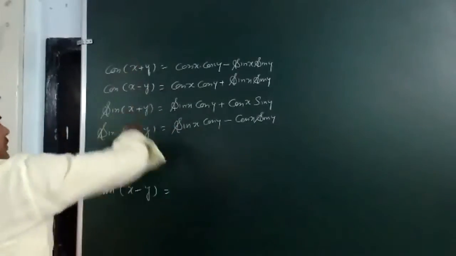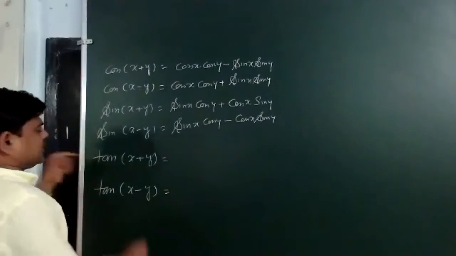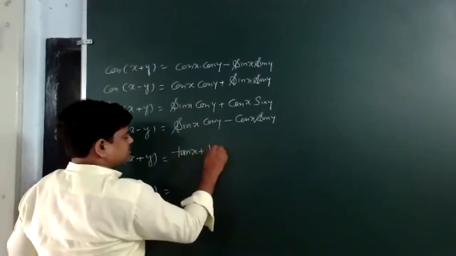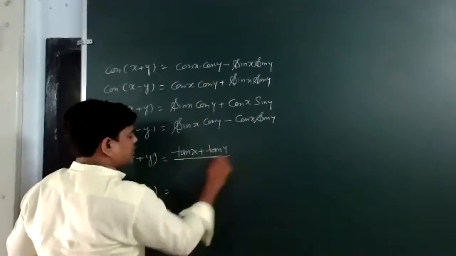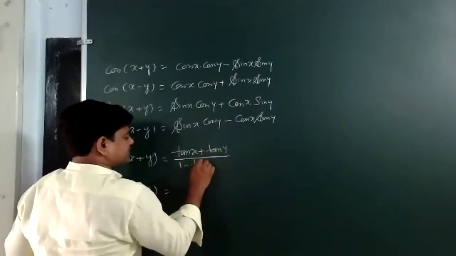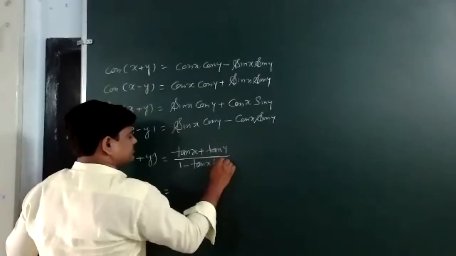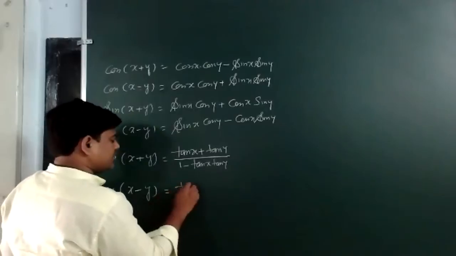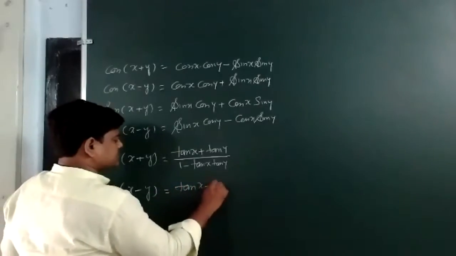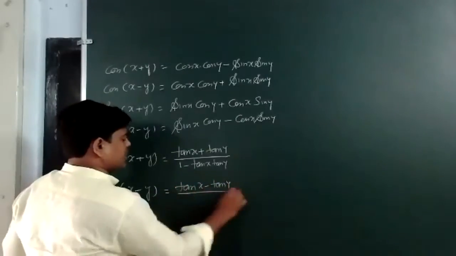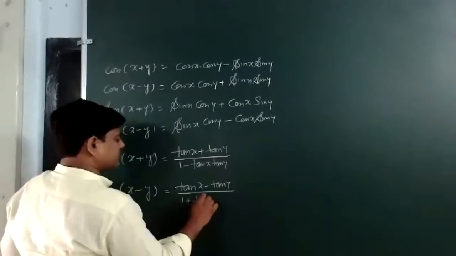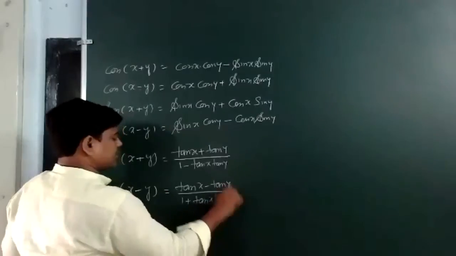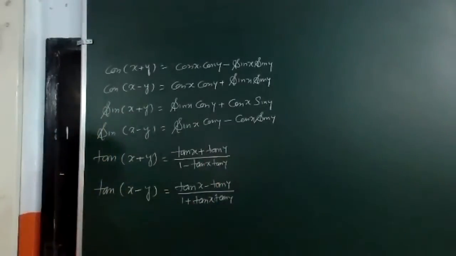Now, from these formulas of sin and cos, we can find tan x plus y. It is tan x plus tan y whole upon 1 minus tan x tan y. If I am talking about tan x minus y, it is tan x minus tan y upon 1 plus tan x tan y.